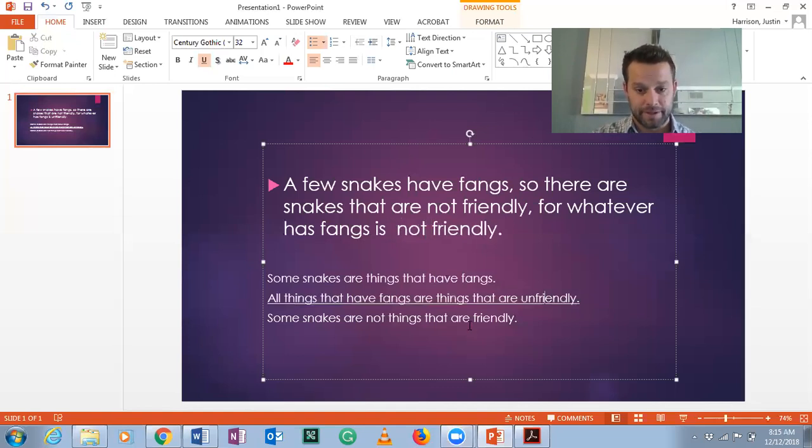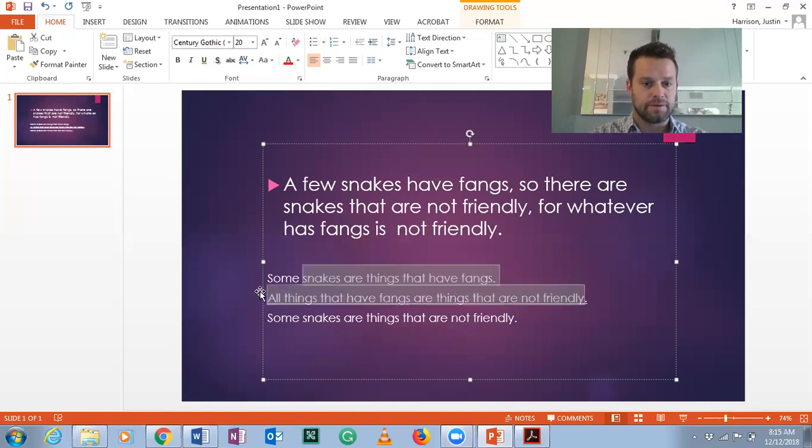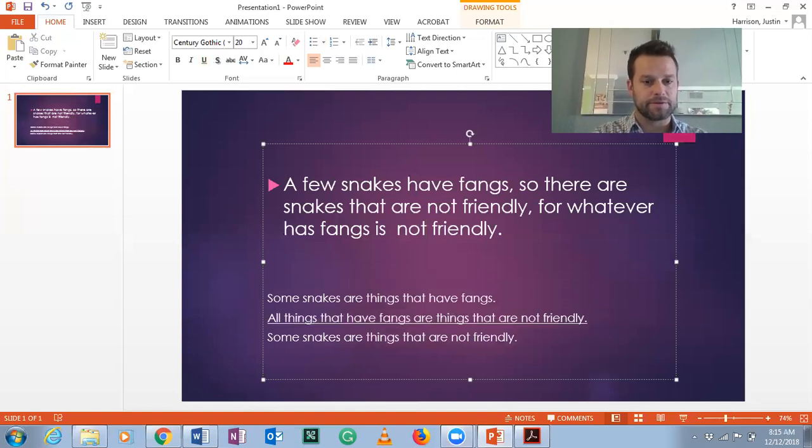So instead of saying unfriendly: all things that have fangs are things that are not friendly. Some snakes are things that are not friendly. And then this statement needs to go as the first premise.